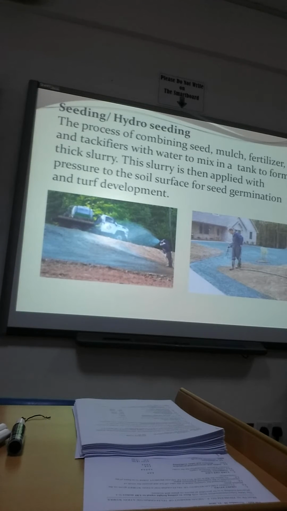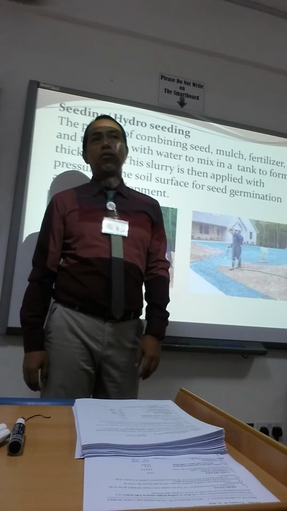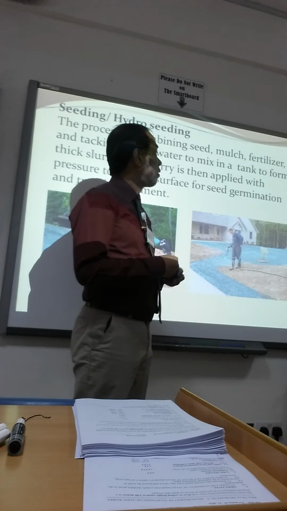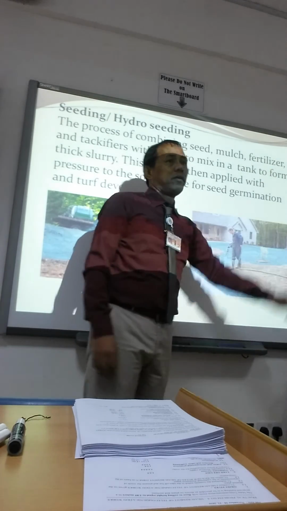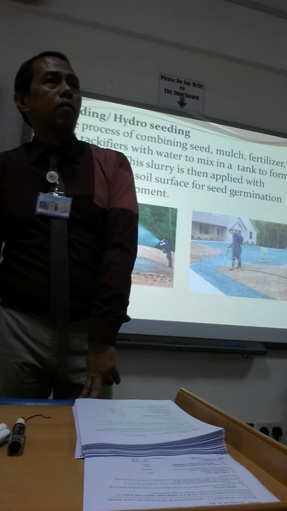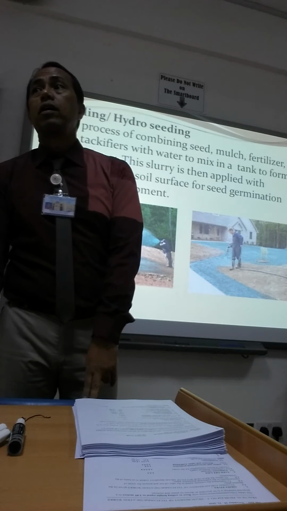Then hydro seeding or seeding, the process of combining seed, mulch, fertilizer, and tackifiers. Meaning that you are to combine the plant seeds, the mulch, as I have said, mulch are dried leaves or vegetation, or compost. Then fertilizer. Fertilizers derive their product from ammonia, that we will be learning in gas installation later.